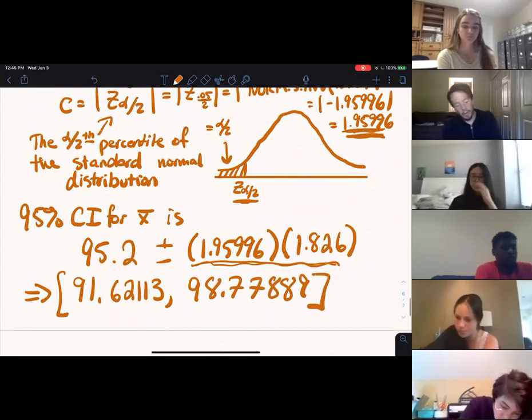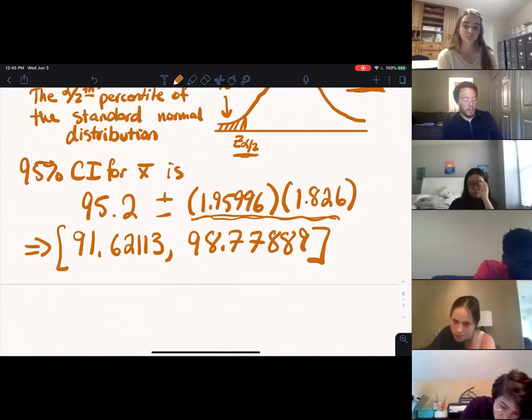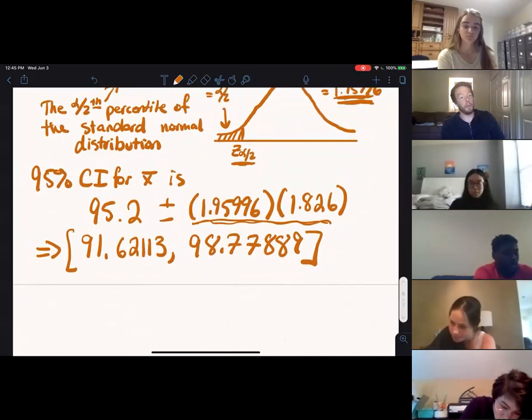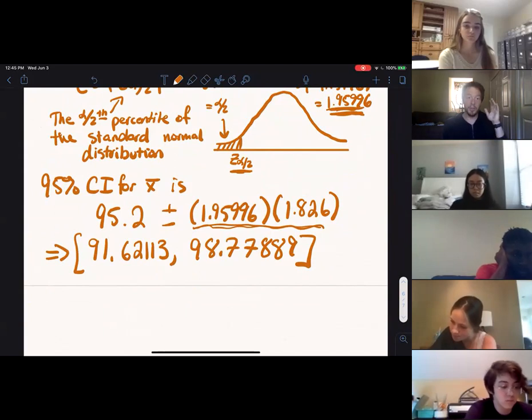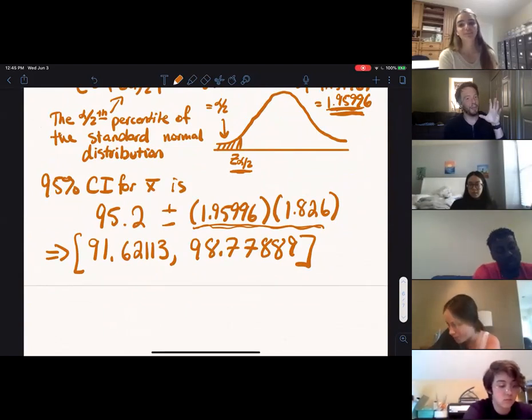So if instead of just giving somebody our point estimate, 95.2, we could give them this range of values and we could say we are 95% confident that this interval contains our true population average.